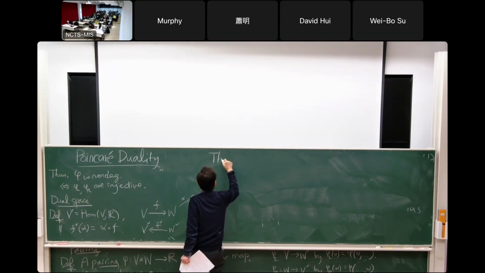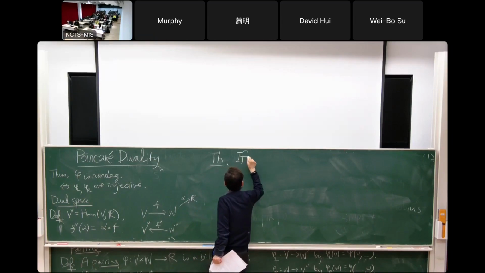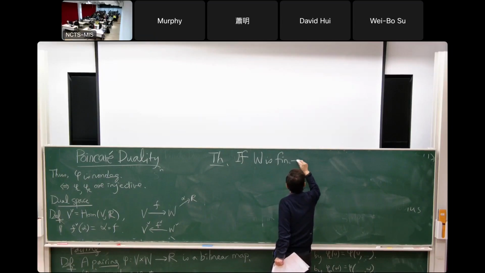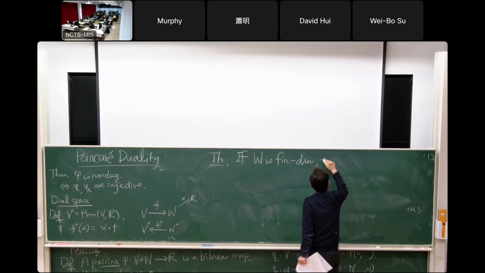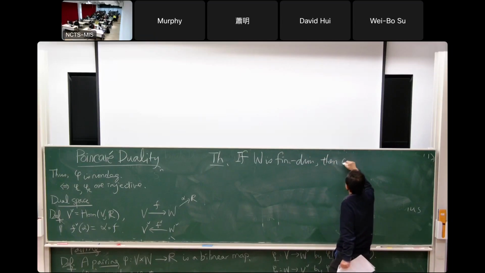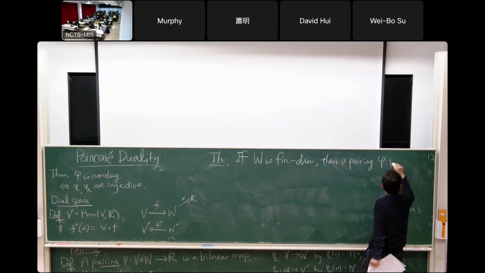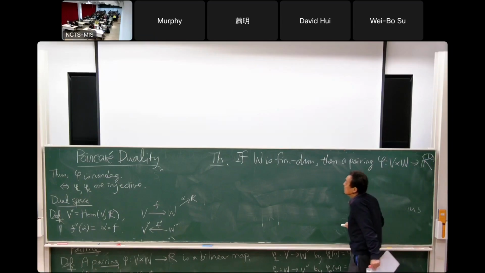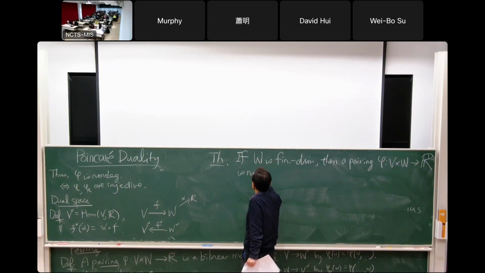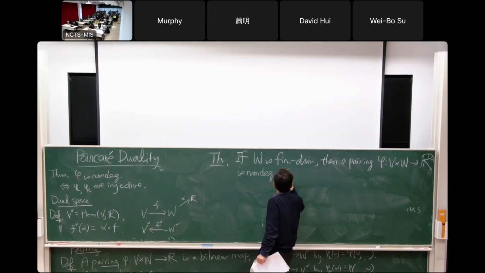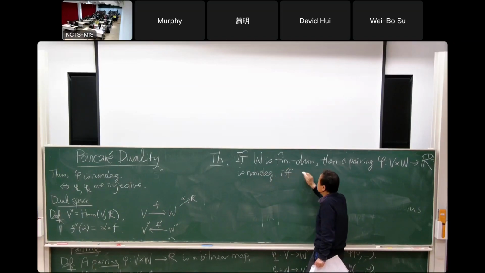Now, if W is finite dimensional, then you can say more: a pairing is non-degenerate if and only if the left map is an isomorphism.